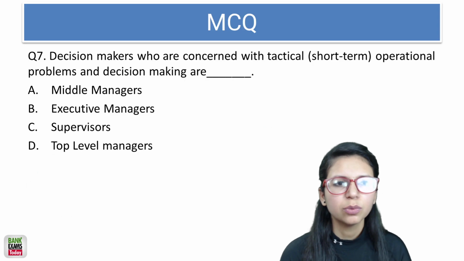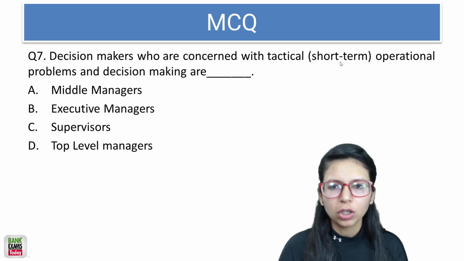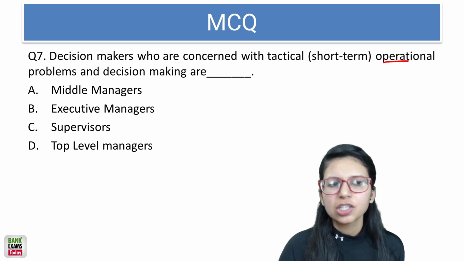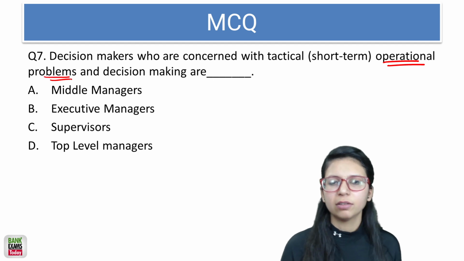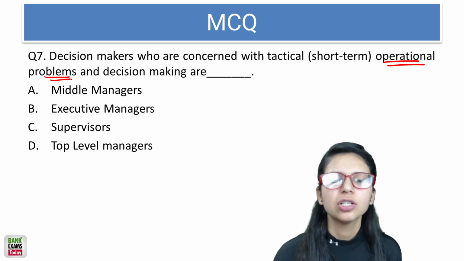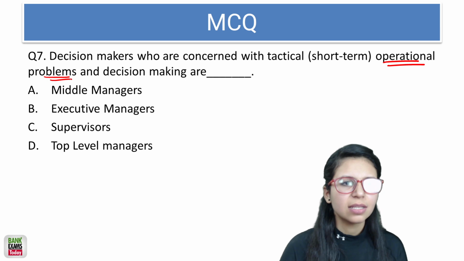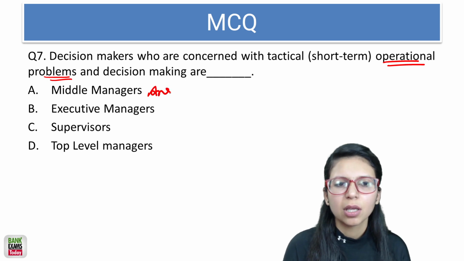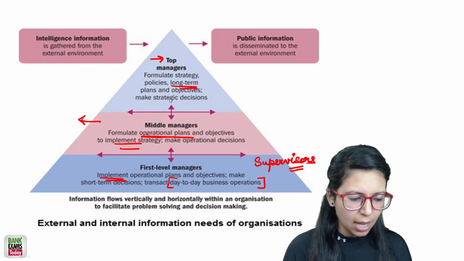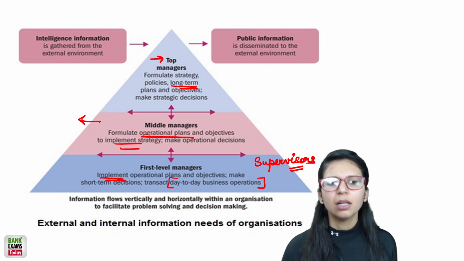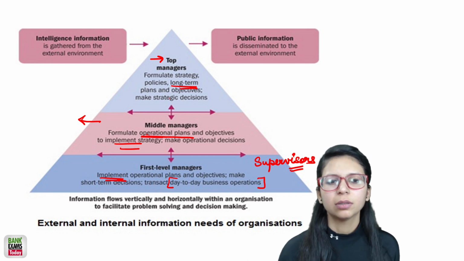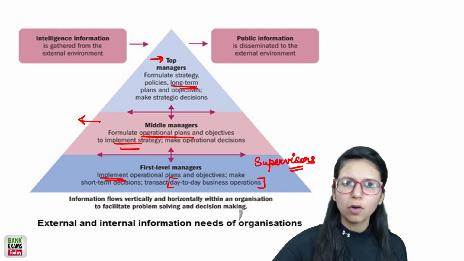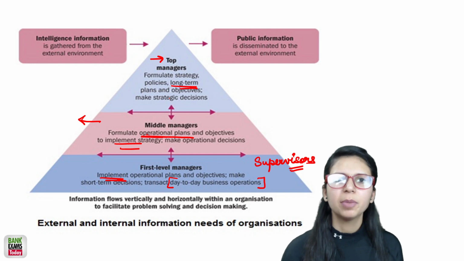Now our question was, who makes the short term operational decisions? So our answer here will be middle managers. Okay, this is the right answer, because they make the operational plans and objectives, and they implement the strategy which is formulated at the top level.